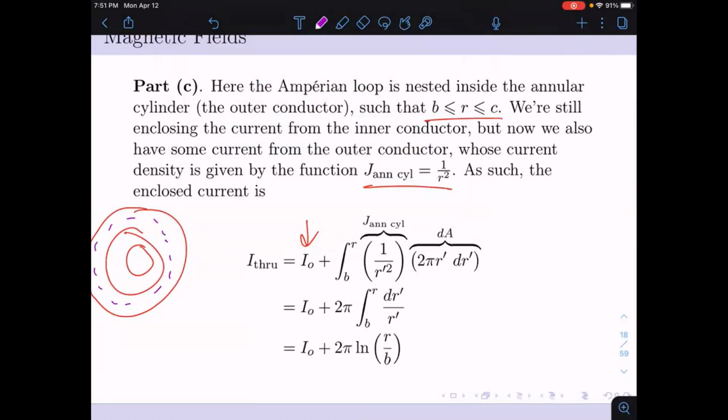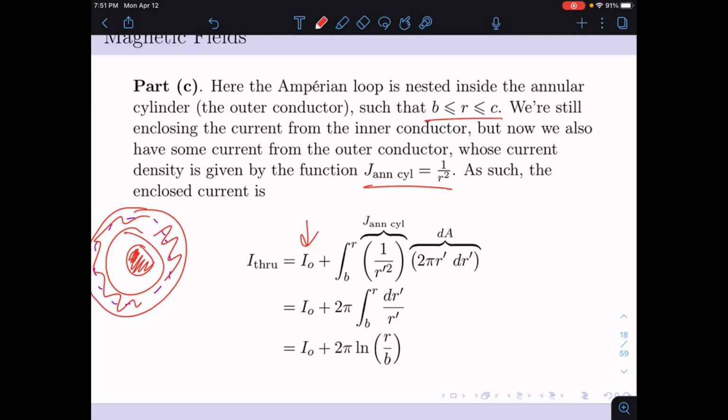That had some current, and all this has some current as well. You can see how these problems are very nicely scaffolded, but we're trying to find the amount of current enclosed by that purple loop in between radius B and radius C.